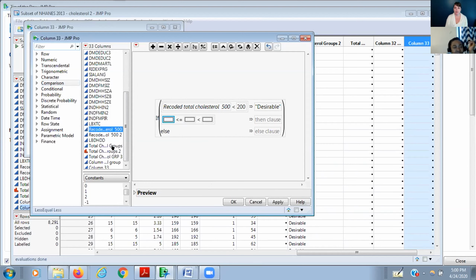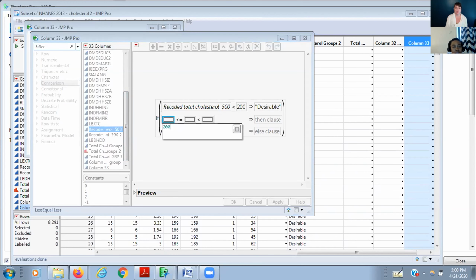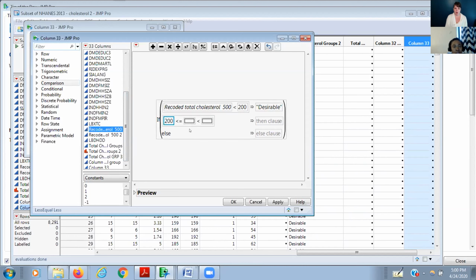You got it? Let me be sure. So I will click on here, right? No, but that's your 200. Remember, that's your lower bound. You want to type your number in there. Okay, 200. And then in the middle one, click on that. Click on the middle one and then click there.